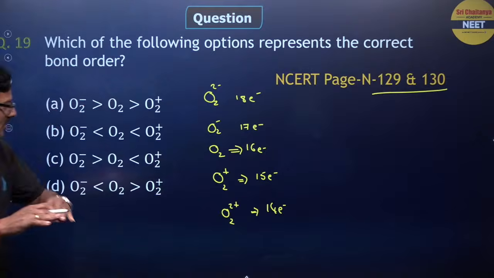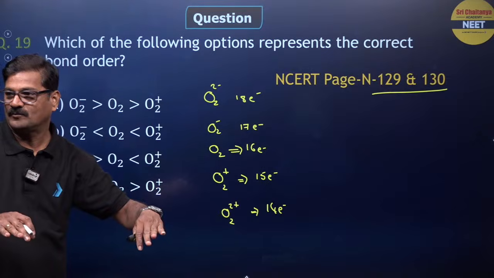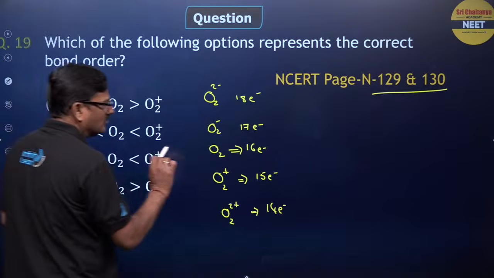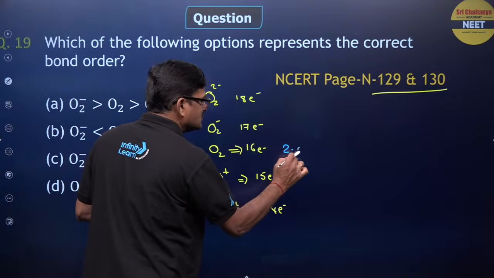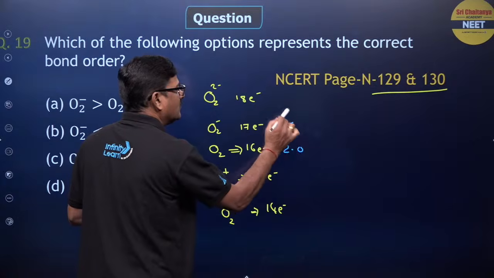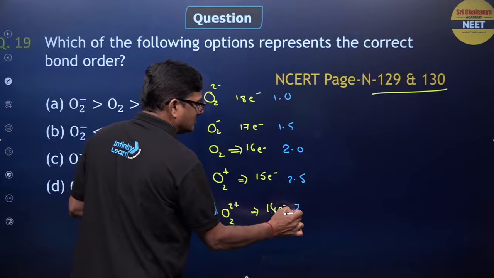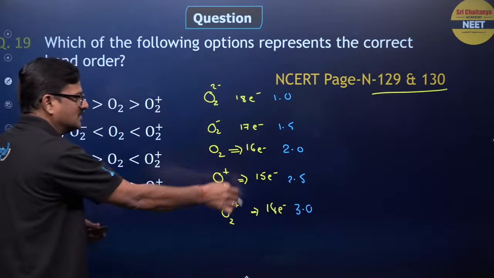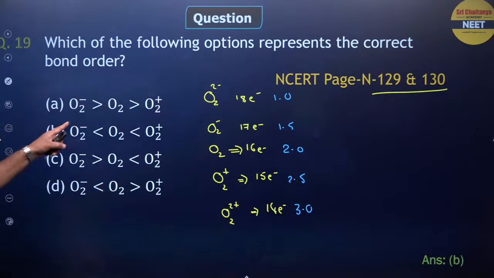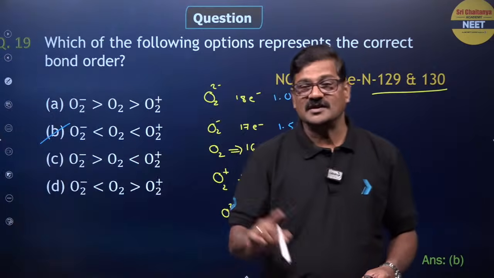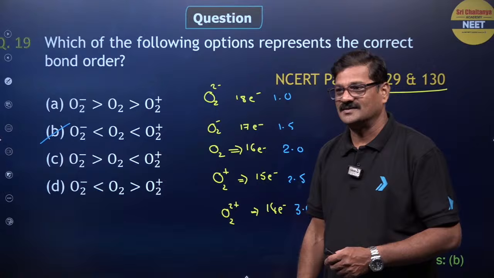I am going to show you the order of the bond. So of course the bond orders are going to be 2.0, 1.5, 1.0, 2.5 and 3.0. So this is the order. Based on this, I would like to say O2 plus is greater than O2 is greater than O2 minus.